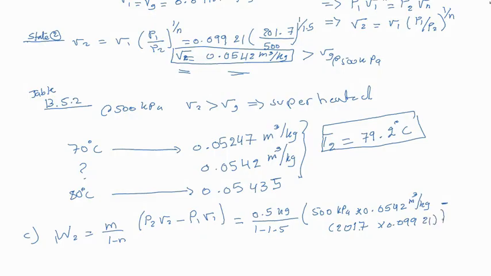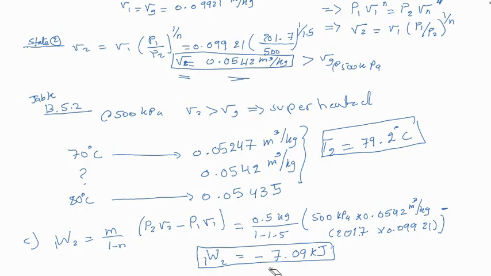This is equal to a negative 7.07, or around 7.09 kilojoule. Obviously, we are adding work to compress the piston, and this indicates a negative sign.